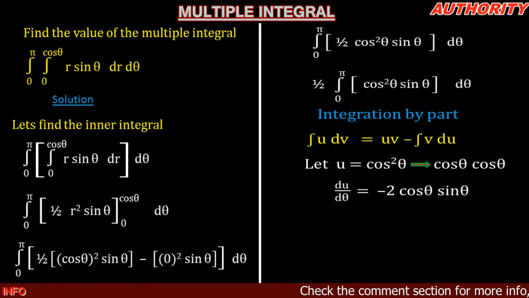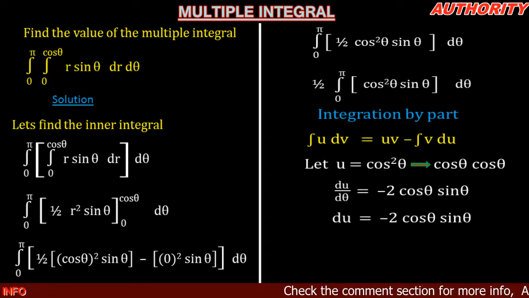Making du the subject, du is equal to minus 2 cos theta sine theta.